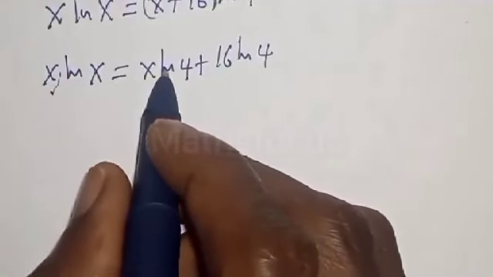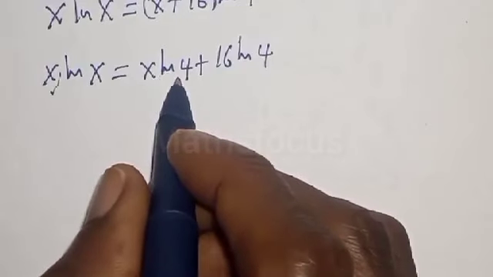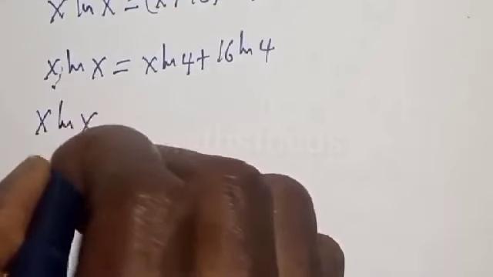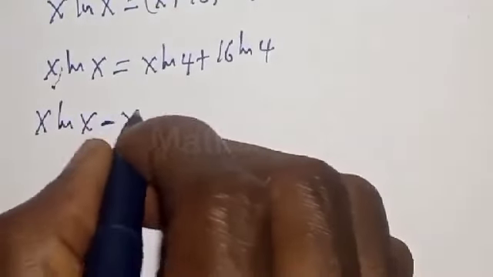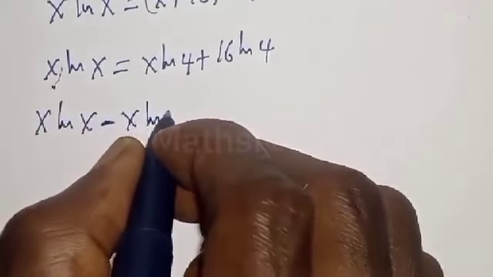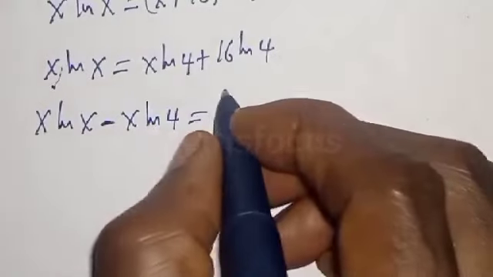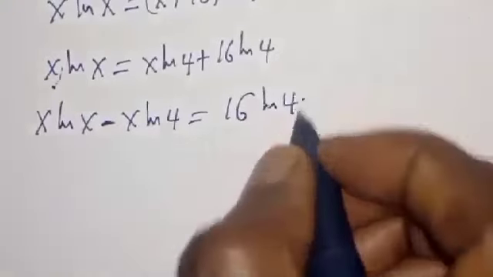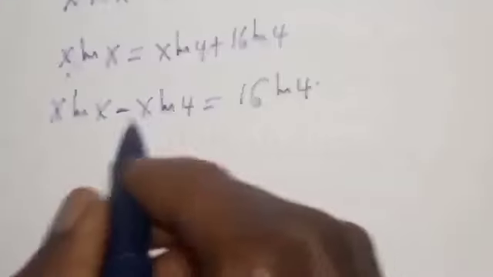Let's bring this x natural log of 4 to this side. We have x natural log of x minus x natural log of 4 is equal to 16 natural log of 4. Now x is common.